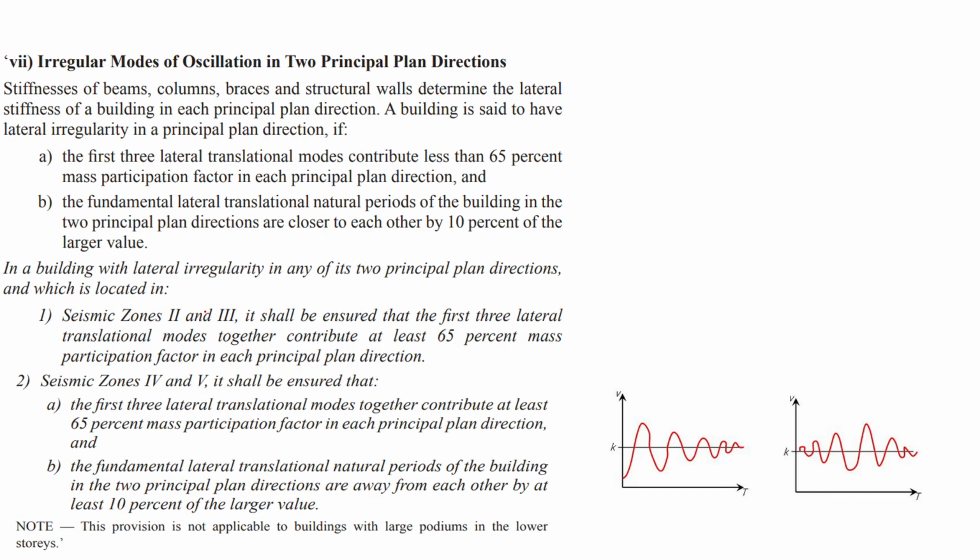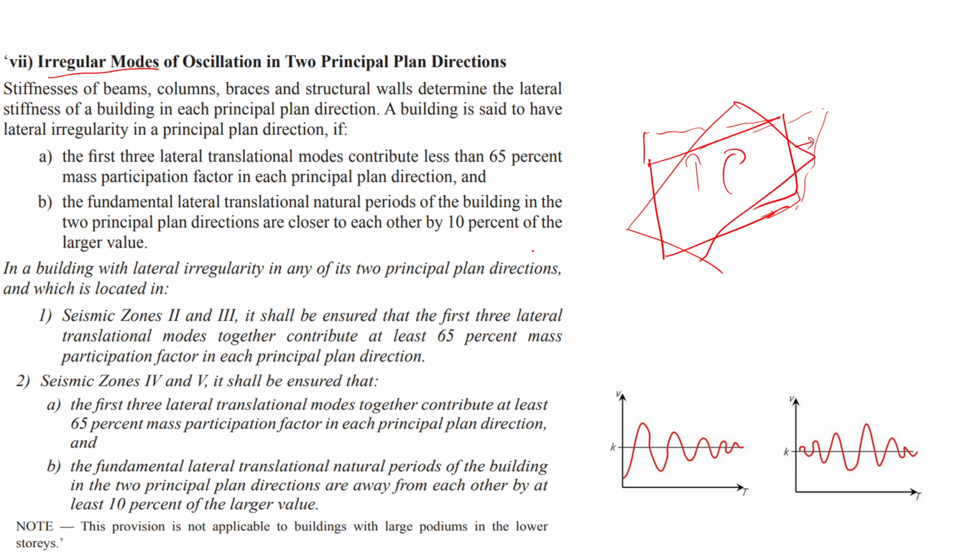Okay. Next is irregular modes of oscillation in two principal plan directions. As I've told you in the horizontal video itself, when the load is acting, there will be three ways the body will move. One is this way, one is this, one is this, then the rotation. Correct? So these are the three ways.